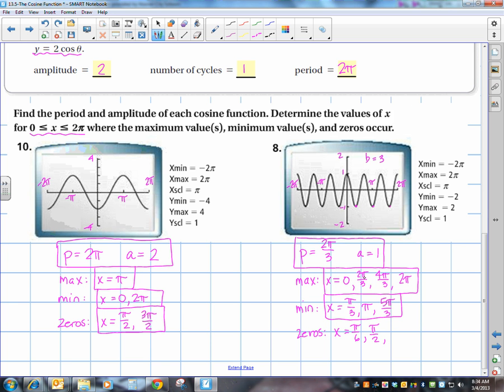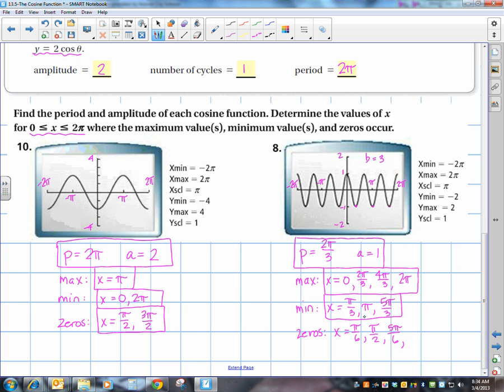Then where do we go? We went between pi over 3 and 2 pi over 3. Now we have to go between 2 pi over 3 and pi. This is 4 pi over 6 and 6 pi over 6, which is 5 pi over 6. I'm going to stick to the 6's.